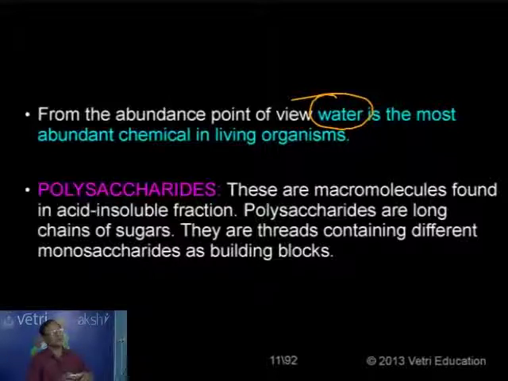If you take the polysaccharides, they are formed of long chains of sugars, in the form of threads made up of the same or different monosaccharide molecules as their building blocks. So the building blocks of polysaccharides are the monosaccharides, or monomers, simply called the simple sugars.